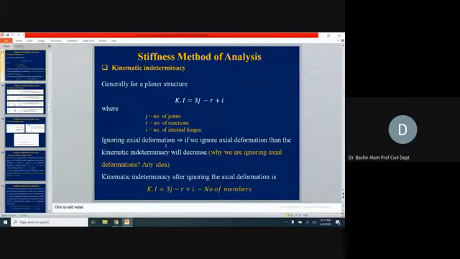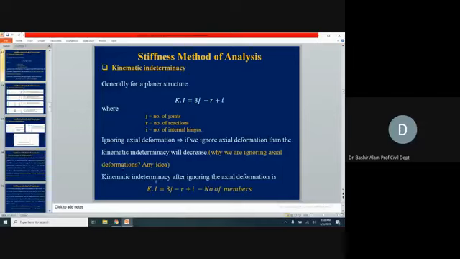Now if we ignore the axial deformation, what will happen? If we ignore this axial deformation, then the kinematic indeterminacy will decrease. And why are we ignoring it? Because, I'll answer this, these effects are negligible in the case of beams as well as frames.